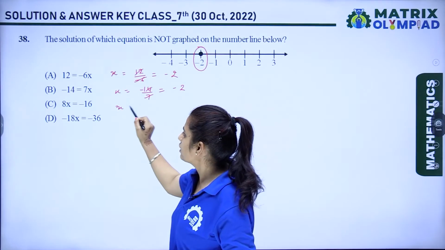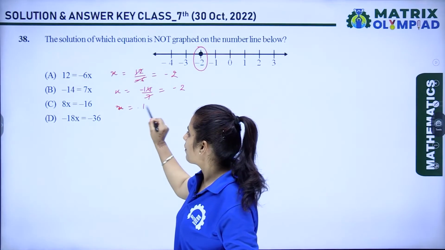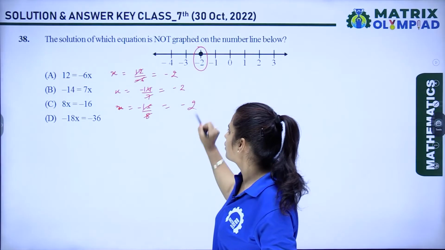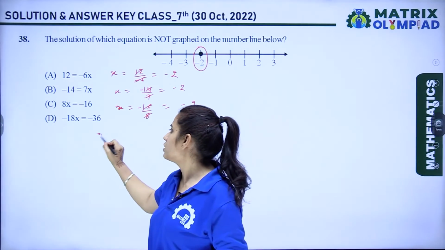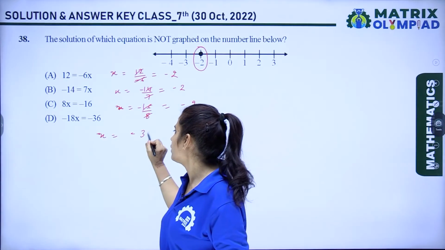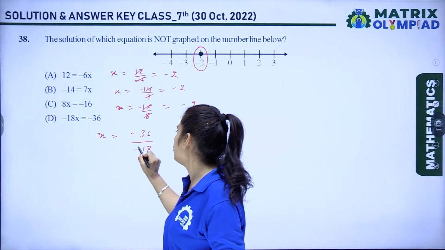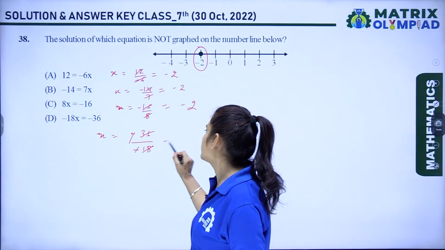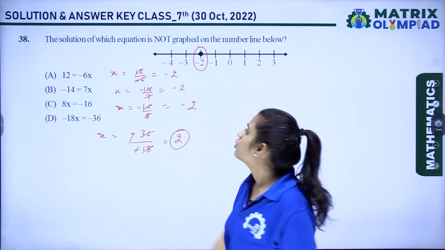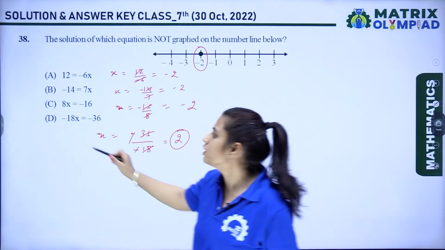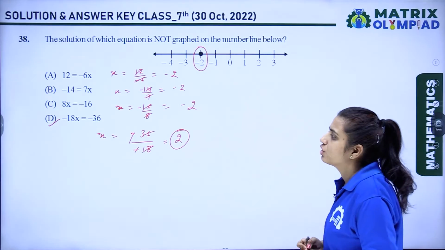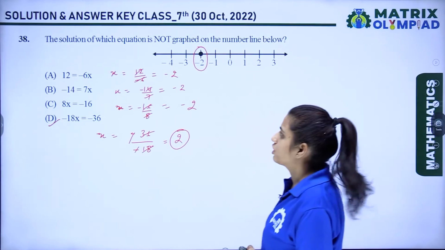Here x is equal to minus 16/8, that is equal to -2. And the last option is x equal to -36/-18, which becomes positive, and here the answer is +2. So the last option, option D, is not graphed on the number line. So option D is the correct option.